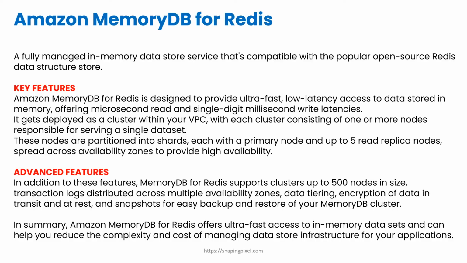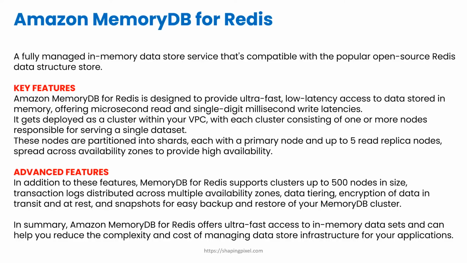Amazon MemoryDB for Redis, a fully managed in-memory data store service that's compatible with the popular open source Redis data structures too. Amazon MemoryDB for Redis is designed to provide ultra-fast, low-latency access to data stored in memory, offering microsecond read and single-digit millisecond write latencies.